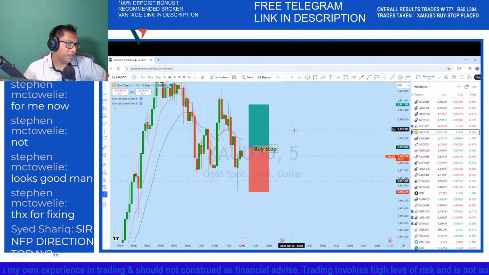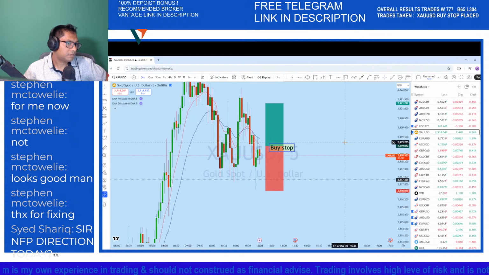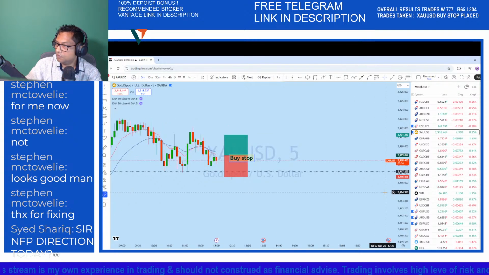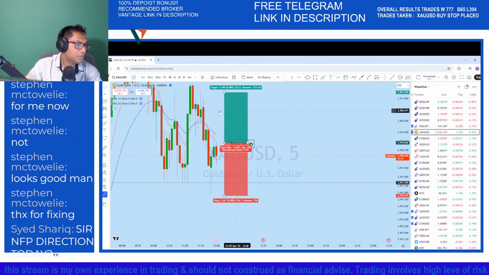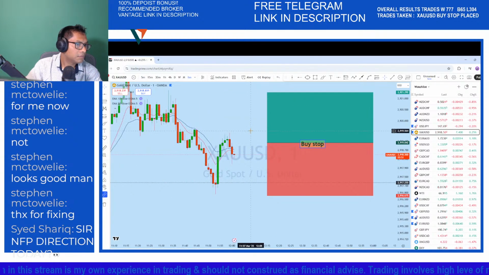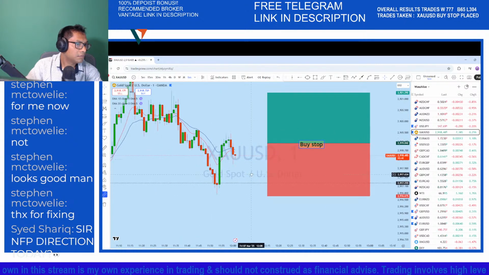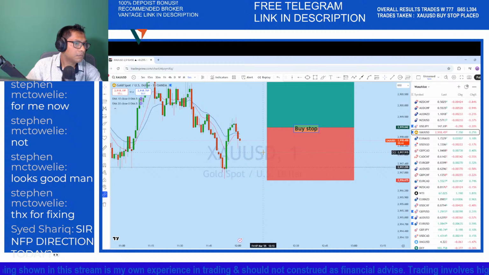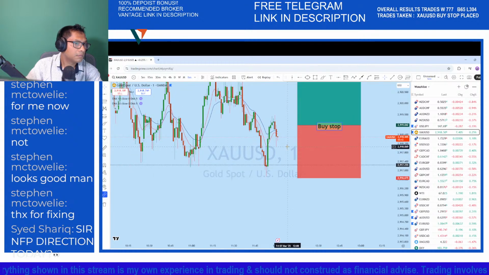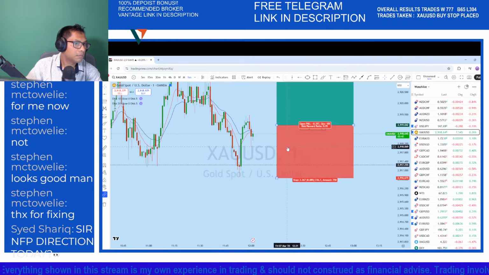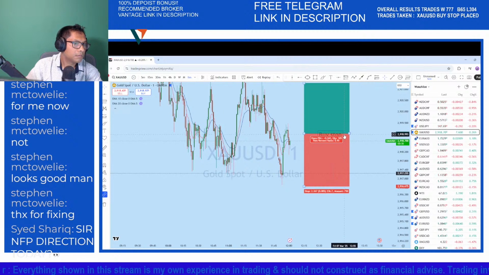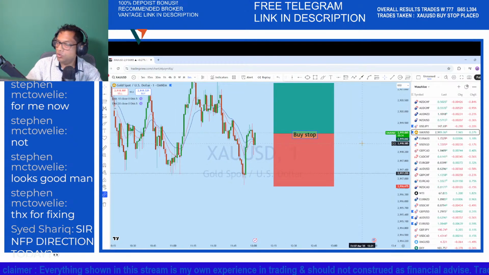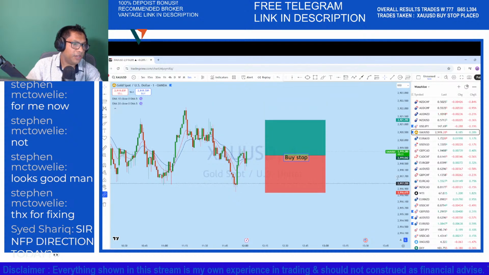If that liquidity gap gives momentum, you have seen that impulse pullback, and we are again entering into the profit area.